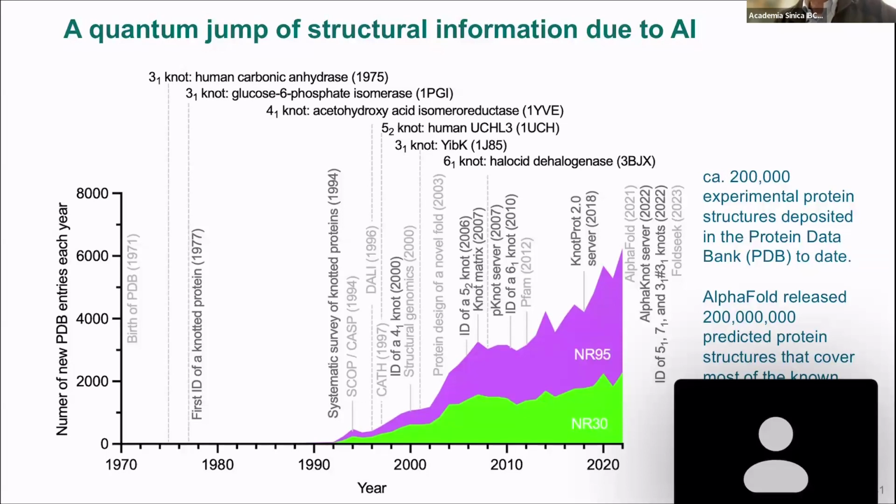But AlphaFold releases 200 million predicted protein structures. That is 1,000 times more than what we know experimentally in the database. So this huge prediction database potentially contains some new structures, new folds, or new topologies that have not been identified experimentally.